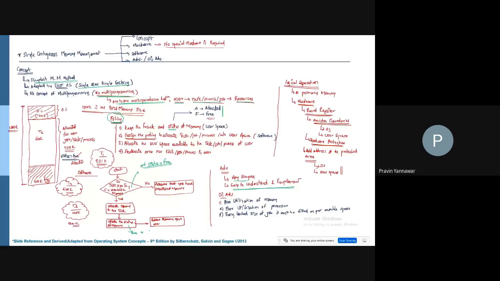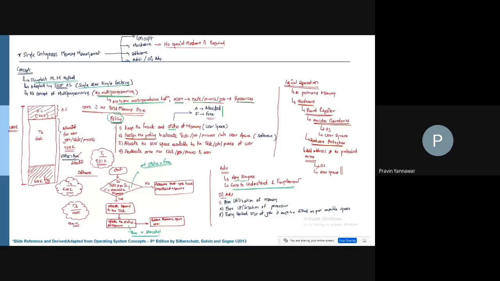Then you need to release the memory after use. If not, you can simply announce that you cannot accommodate the task into the primary memory.